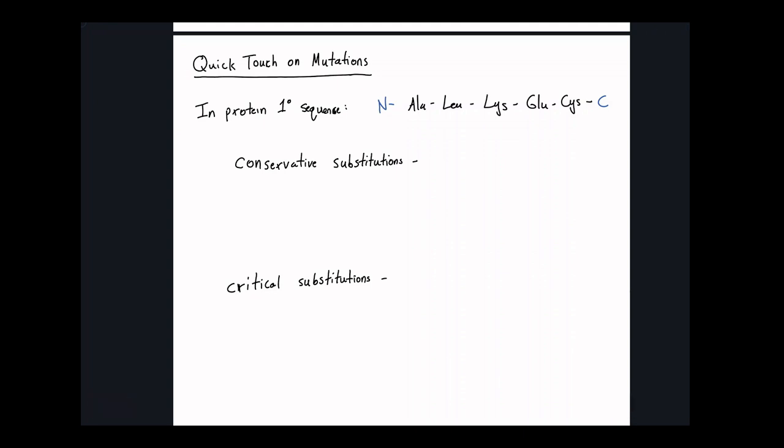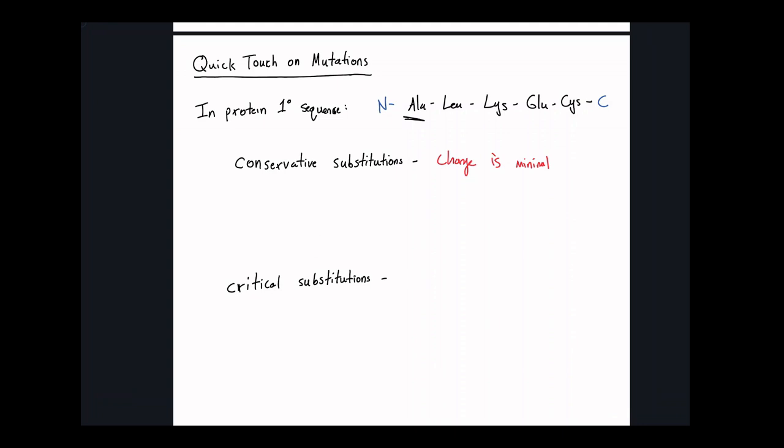Conservative substitutions are mutations where we're going to be changing the sequence, but the change is minimal, right? Some sort of change in DNA sequence leads to a change in protein. If the change in DNA sequence doesn't lead to a change in the protein, we call that a silent mutation.